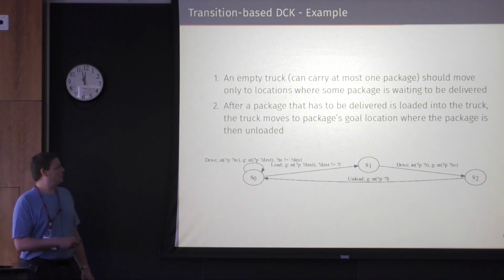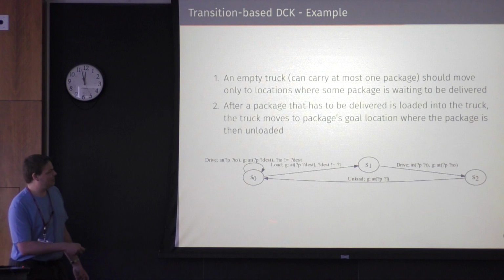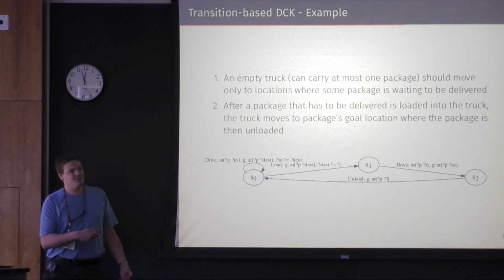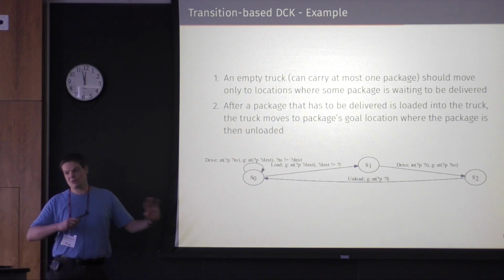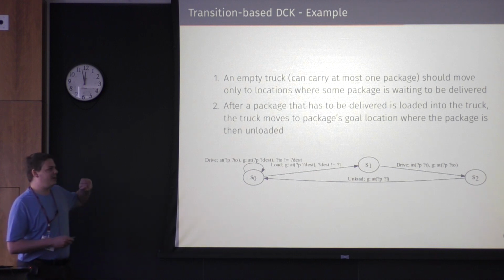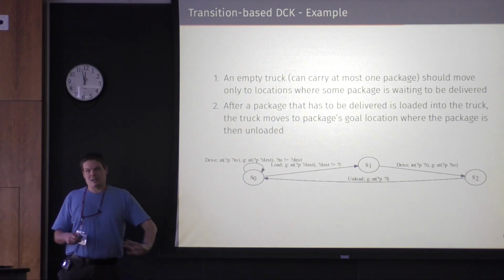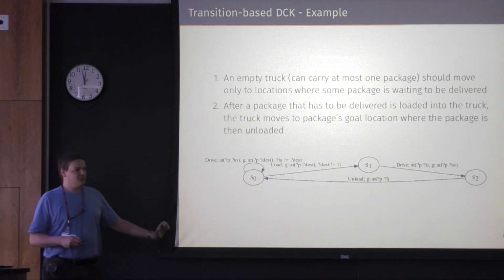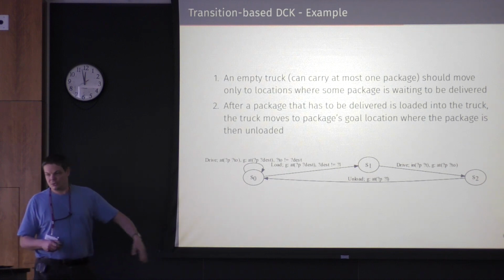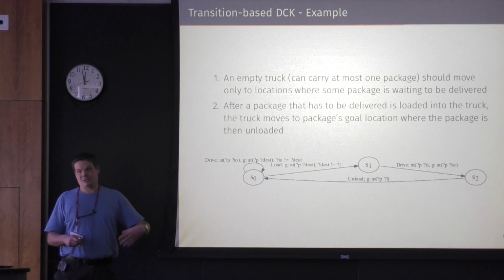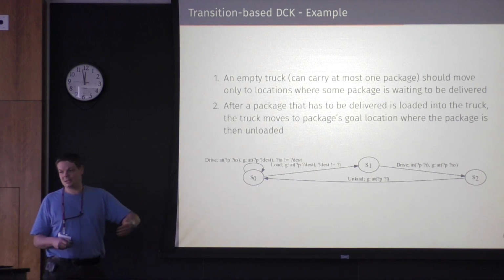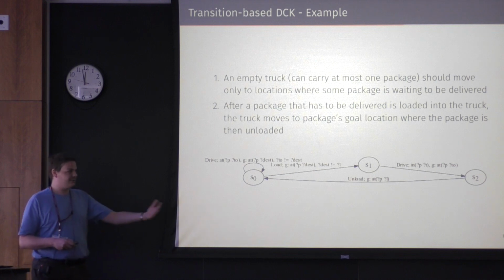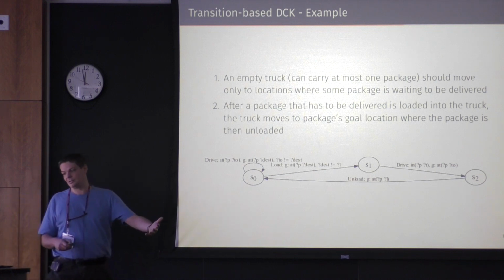In other words, this sort of structure says something about how the plan should look, because the raw domain model just specifies that the truck can drive between locations, can load at most one package if the truck is empty, and if the truck is carrying some package, it can unload it.